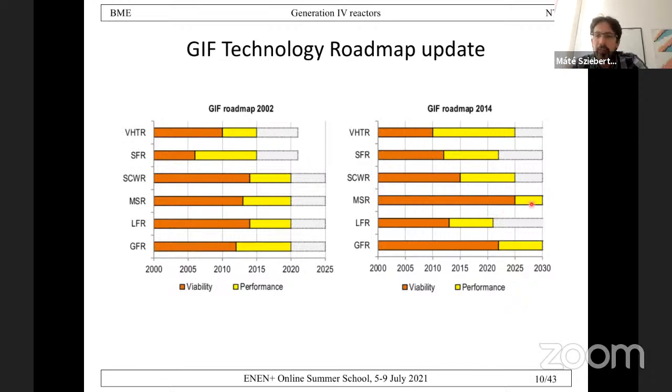For the molten salt reactor and the gas-cooled fast reactor, these deadlines are extended to about 2030, and even the viability is yet to come, while for the other 4 reactor types, it was considered that the viability is proven, and even the performance demonstration can be expected in about a decade.